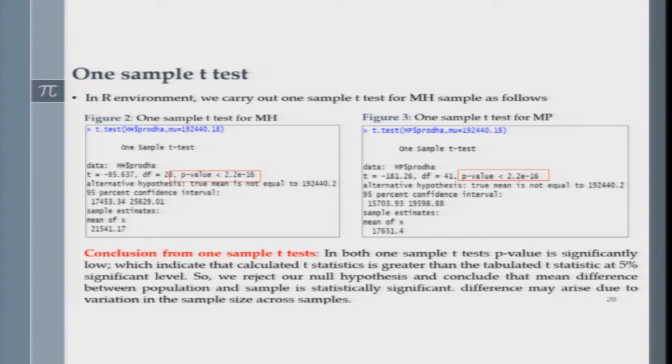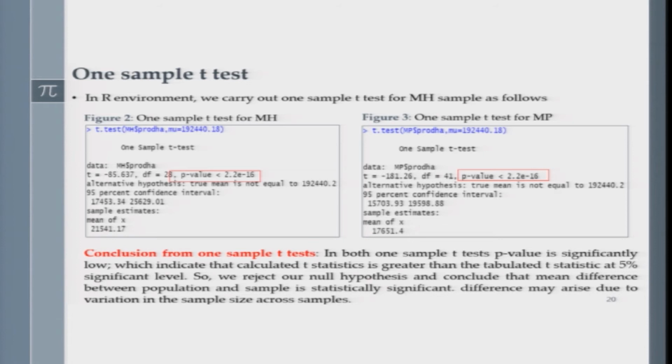If you remember, when I computed the arithmetic mean for the entire data set taken together, I obtained this average figure 192,440.18. I am using that here, and then the one sample t test is conducted.